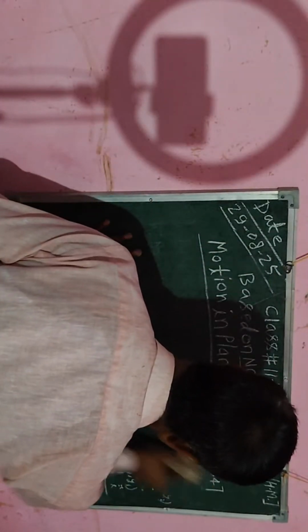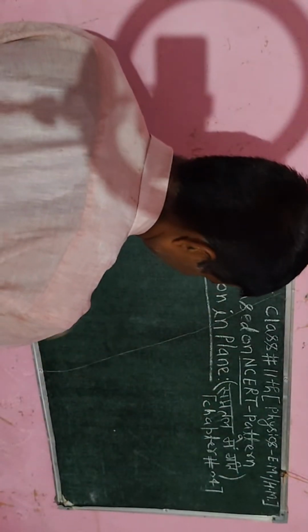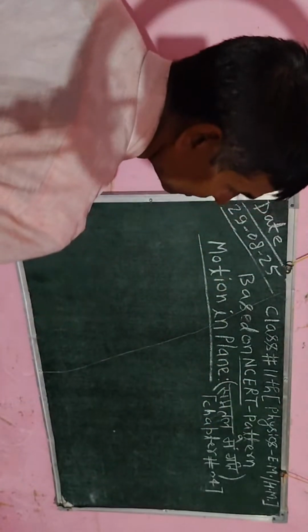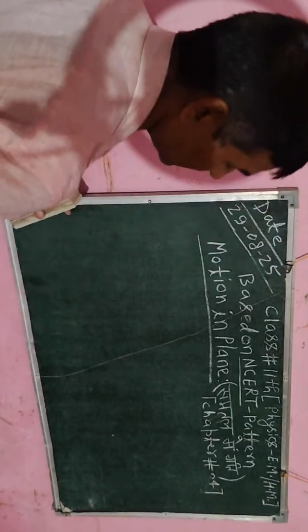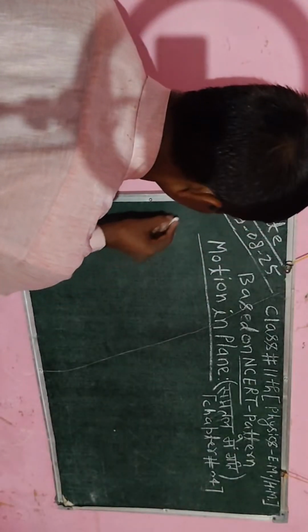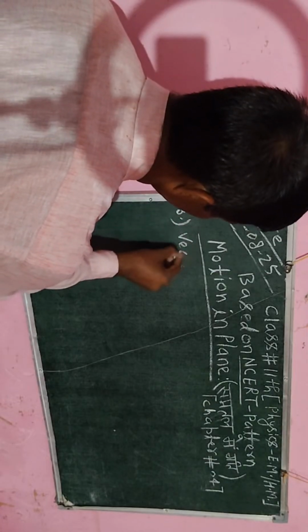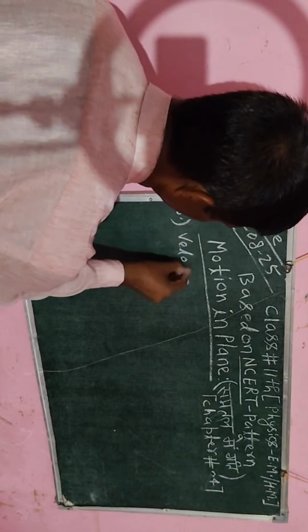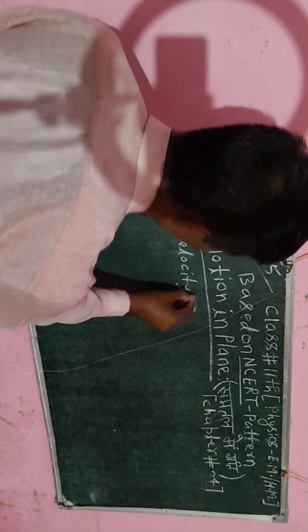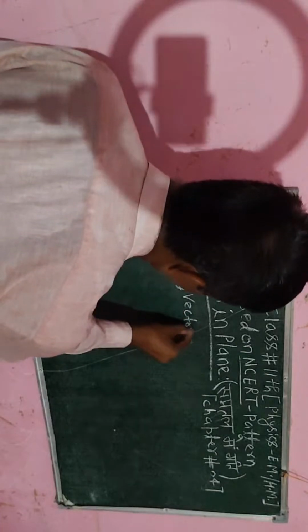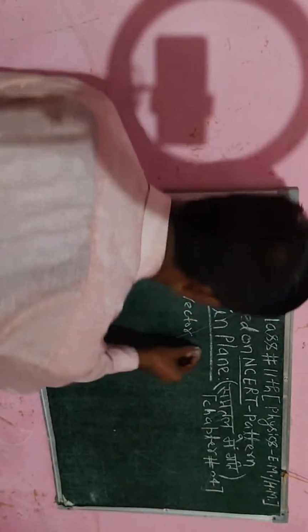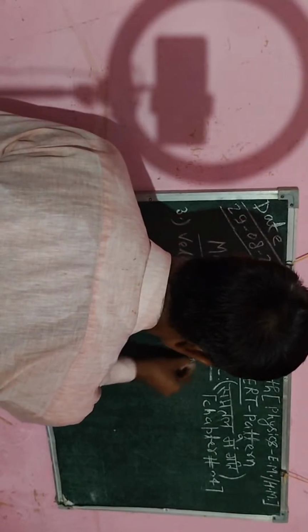Each and every topic of motion in the plane I will explain, and after explaining I will define projectile and circular motion. So now the next point, point 3, is the velocity vector, also known as wave surface.